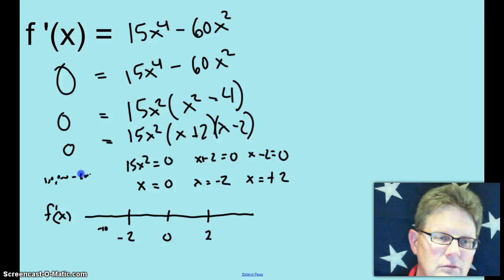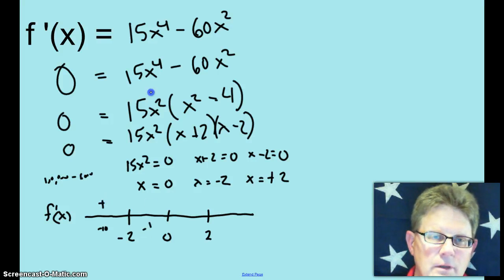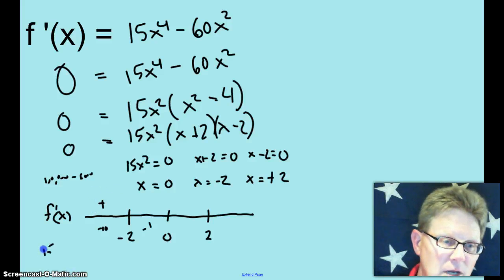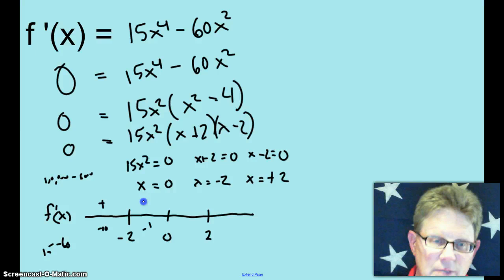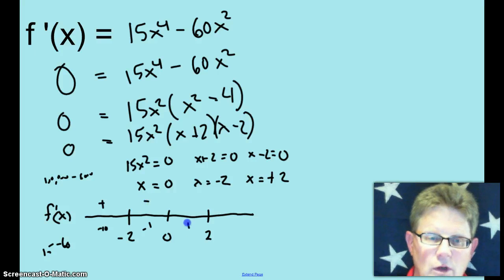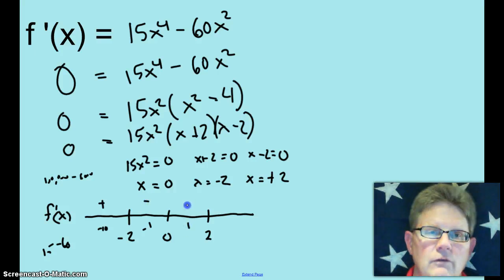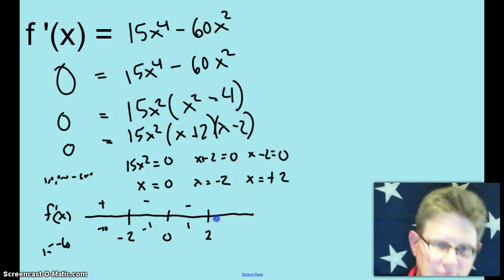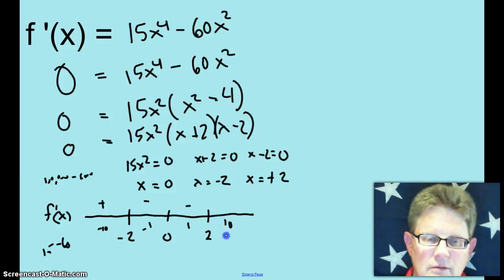It's only 6,000. I think that's going to be a positive. All right, let's pick negative 1. Negative 1 to the fourth power would be 1 times 15. That's 15 minus 60, that's going to be negative. And if we put a 10 in again, that'd be 150,000 minus 6,000. That once again is going to be positive.